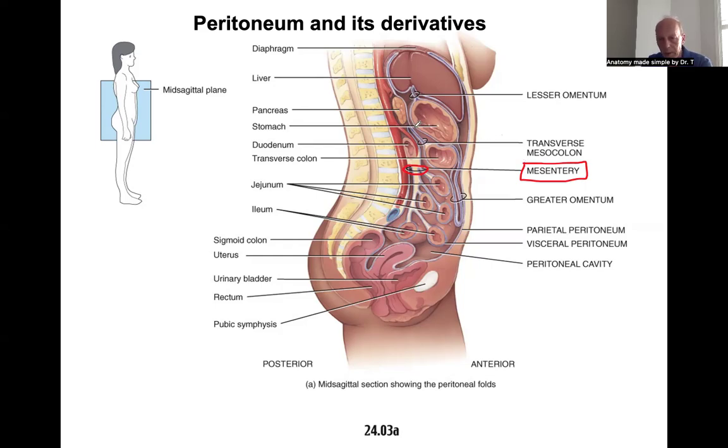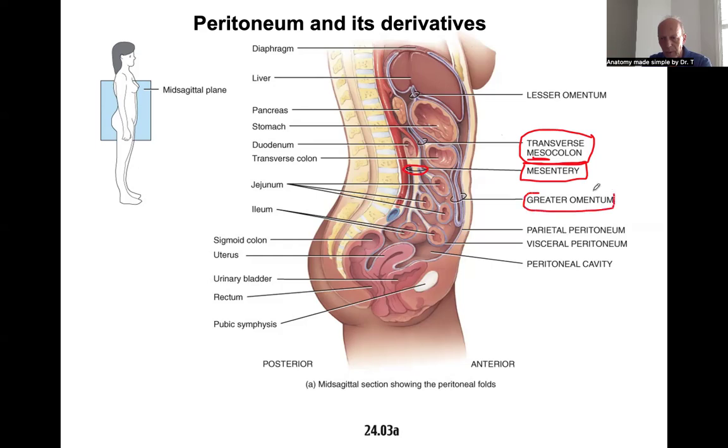There's another part which we did not mention. It's the transverse mesocolon. Meso refers to mesentery of the transverse colon, another derivative. Okay, here's the greater omentum.